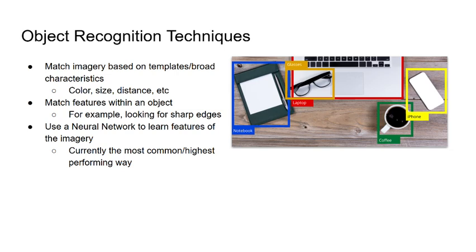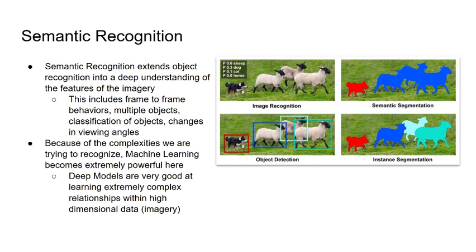This is pretty much the way it's done. It's the way I've always seen it done in my career, and it's a little expensive computationally. Because it basically allows you to do semantic segmentation, semantic recognition.